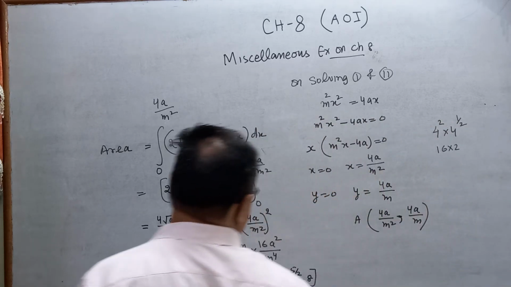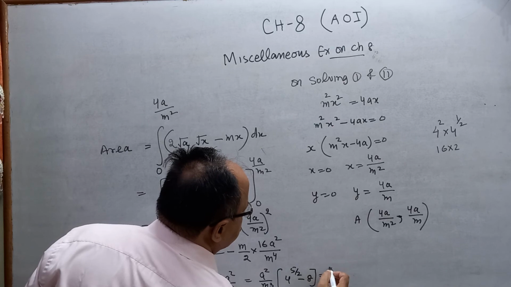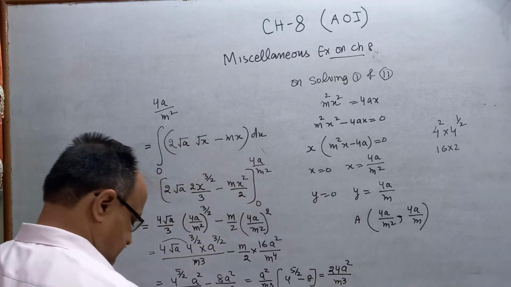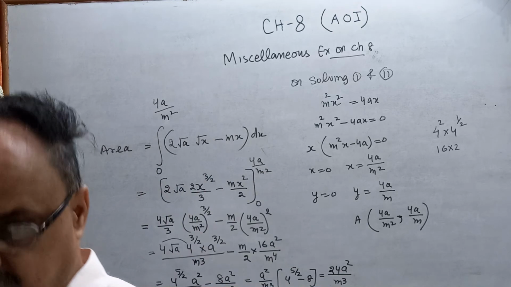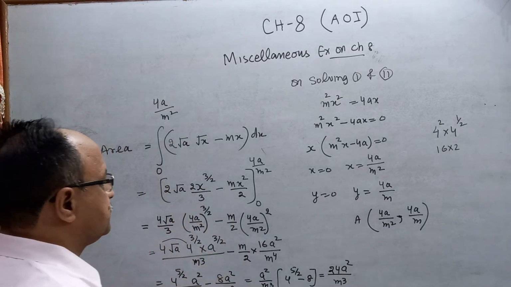Clear? 32 minus 8, that is 24 a square by m cube. This is the answer. You can check again. This is the solution of this question.